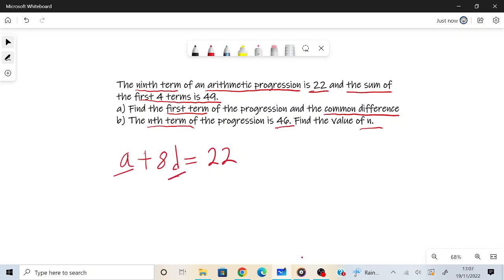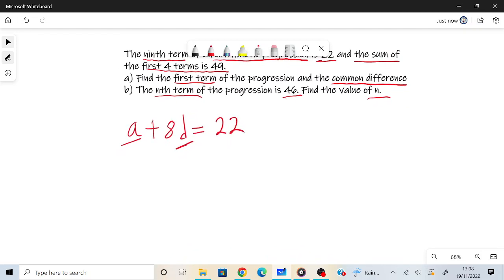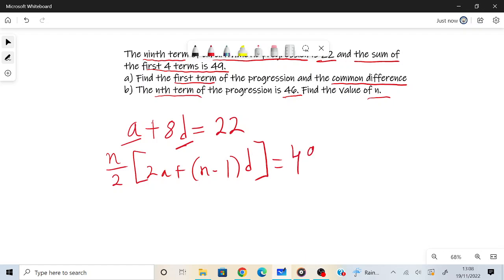And the question also says that the sum of the first 4 terms is 49. So what they're trying to say is that the sum, that's n over 2 into 2a plus n minus 1 d, is 49. Now we know our n because it said the first 4 terms, so you just simply substitute your 4 into the places of n over here and here.